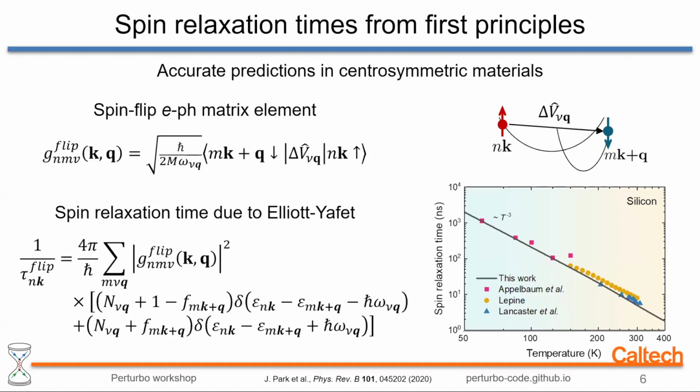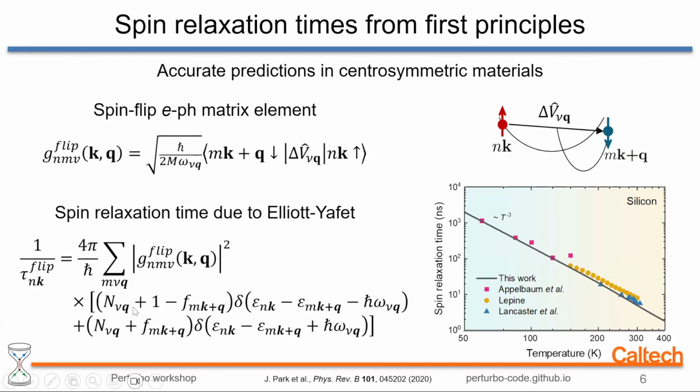So to compute spin relaxation times from first principles, we have our spin-flip matrix element, and in centrosymmetric materials, the primary mechanism for spin relaxation is the Elliott-Yafet mechanism, where spins can relax due to electron-phonon or electron-defect interactions. Around room temperature, phonons are most dominant. So here we have the spin relaxation time due to Elliott-Yafet, since we're studying centrosymmetric materials.